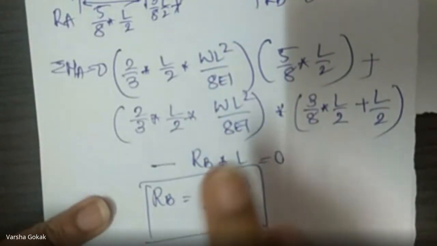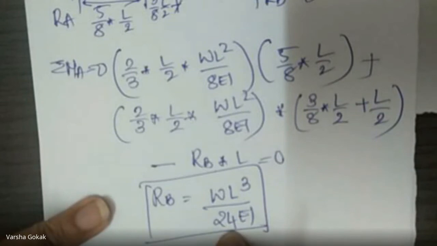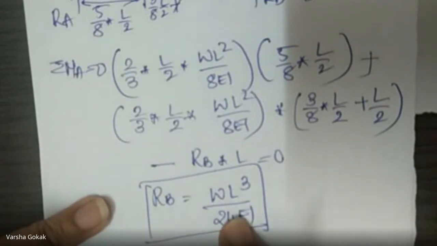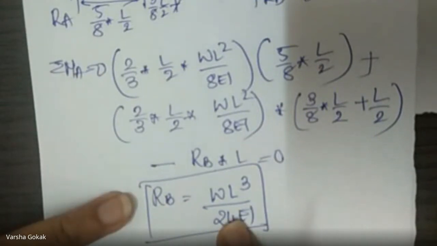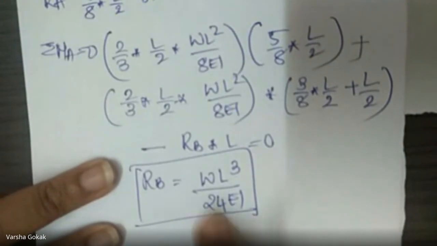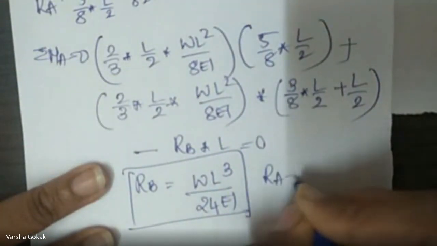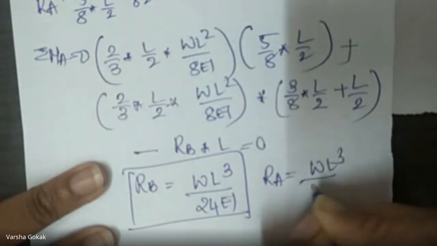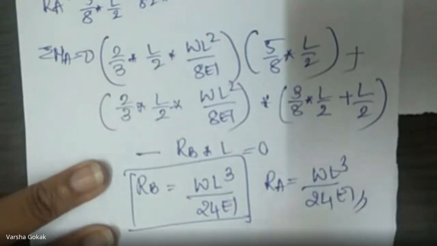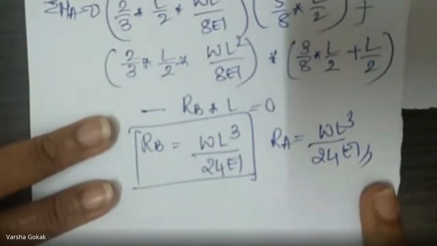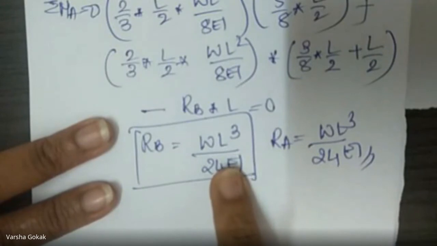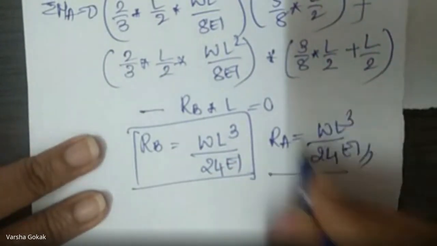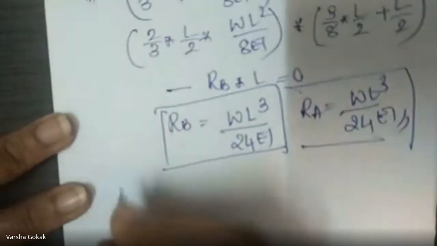Right? And what type of beam is it? It is a simply supported beam with UDL throughout, that is, a symmetrical beam. So RA also will be WL cube by 24 EI. Clear? So RA and RB are going to be same, that is WL cube by 24 EI. Once you find these reactions, then it is easy.